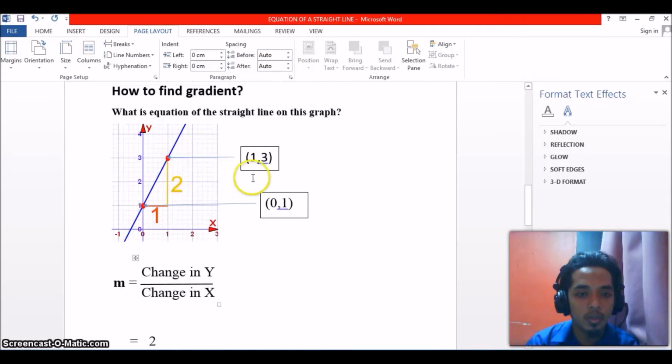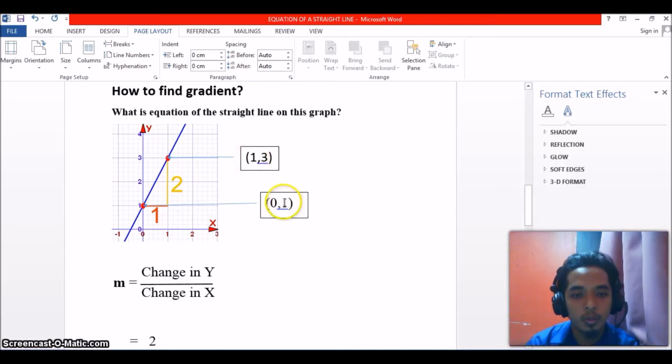As you can see here, the red dotted line here and here is the line which is on the straight line of the graph. As you can see here, the reference point here we know as 3 and 1. 3 is on the y, we know as y2, and 1 we know as x2.